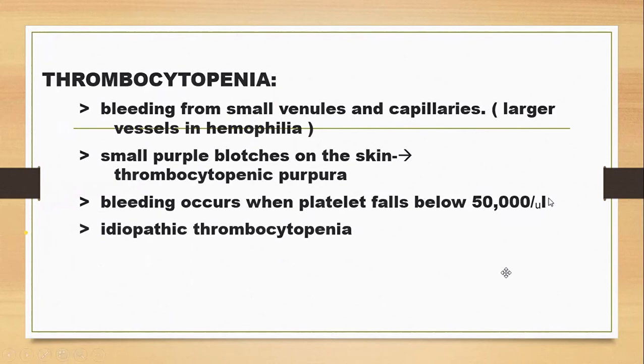And this is also one of the parameters we determine in dengue, when to give the platelets. Then there are cases of thrombocytopenia wherein we don't know why the patient's platelets just go down. So the term is idiopathic thrombocytopenia.